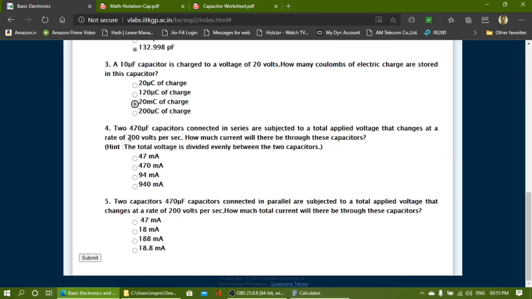Now let's come to question number 4, where you have been given two 470 microfarad capacitors connected in series, and across these capacitors you have applied a voltage that changes 200 volts in amplitude per second. That means clearly you will understand that this is an AC application scenario where two 470 microfarad capacitors are connected in series.